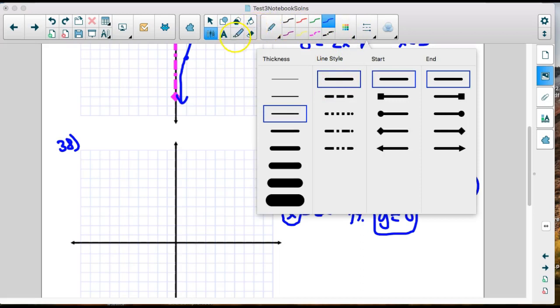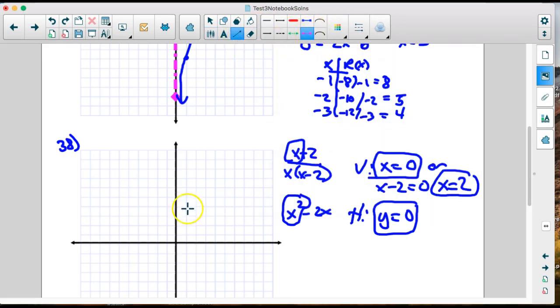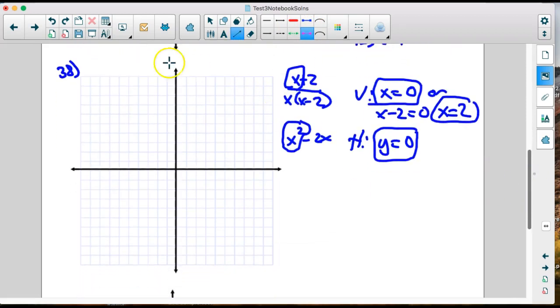So we have vertical at x equals 0, so same one as we had before. We also have one at x equals 2, which is right here. And we have one at y equals 0, so here.